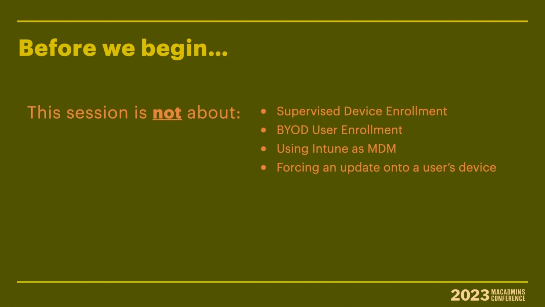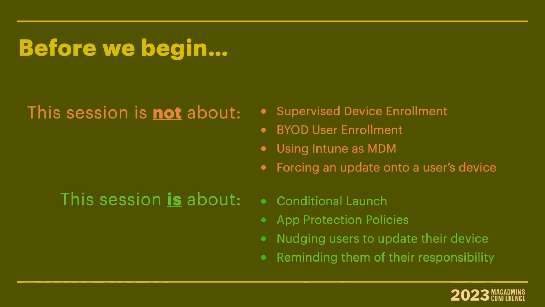Those forced updates have been announced publicly for iOS 17 and macOS Sonoma, and we won't really be able to use those until those devices get to those operating systems. So what this session is about is conditional launch, app protection policies, nudging users to update their device, and reminding them of their responsibility.